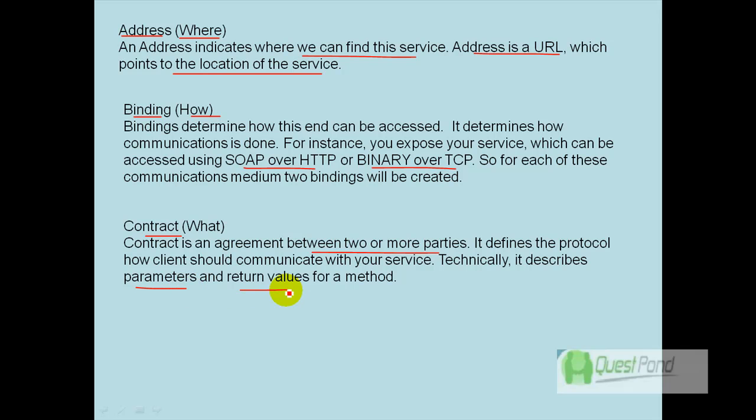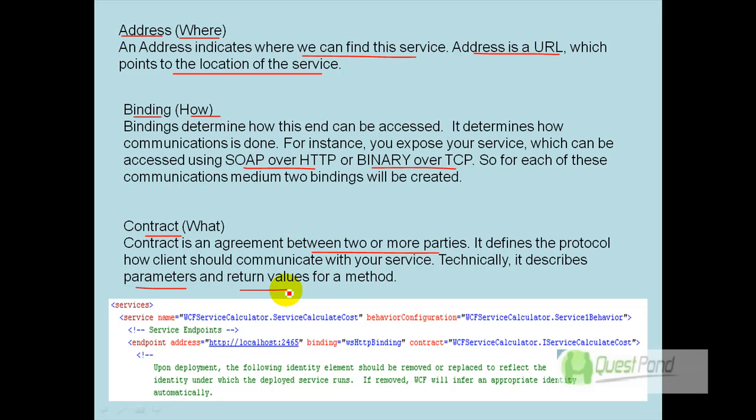In other words, all these things are defined in your web.config file. If you remember in the previous practical video which we saw, we had changed something in the web.config file. So you need to define A, B, and C. The A defines where.